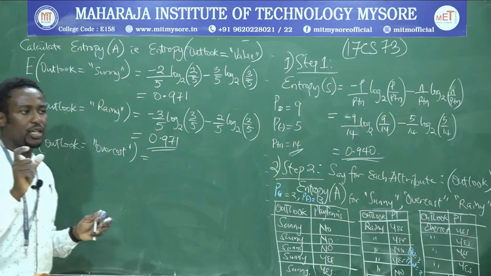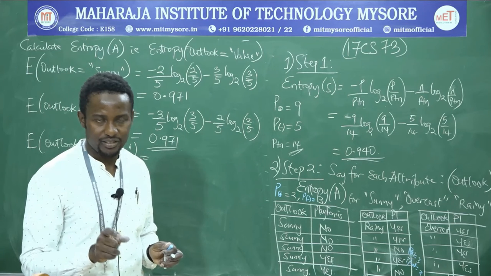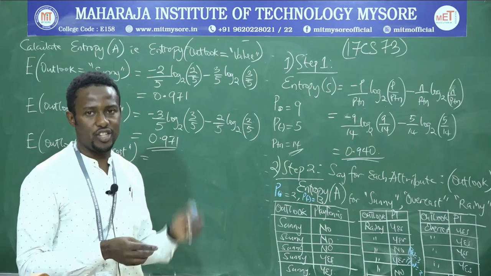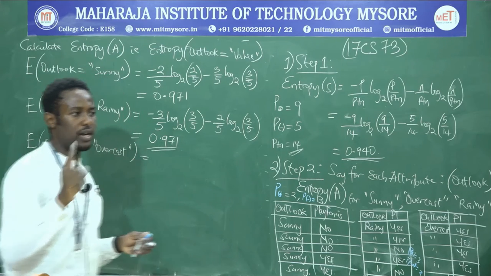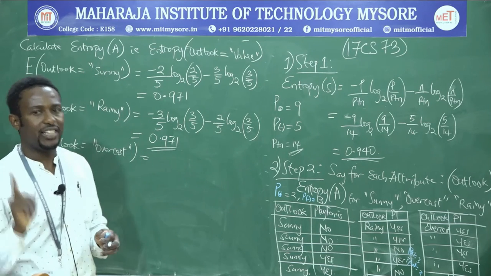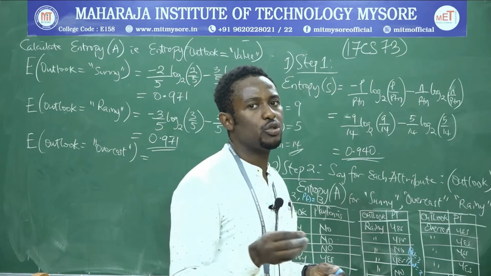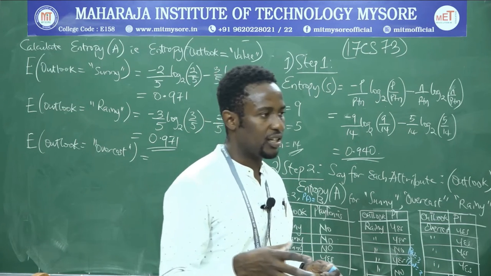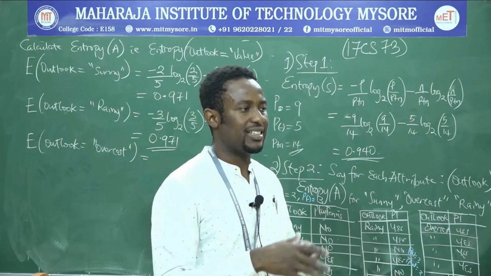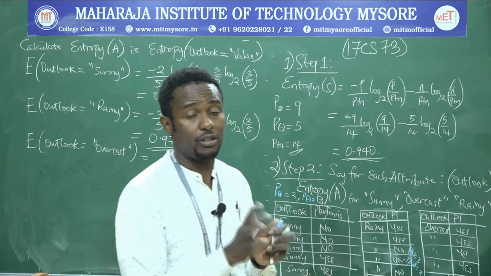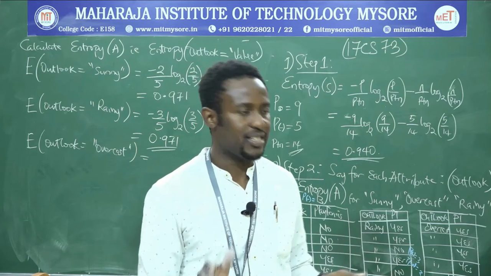Please remember, then we have a pure set, which is 0. And it is highly impure when we get an entropy of 1. Remember how we defined entropy? It's a term used to show how impure your data set is.